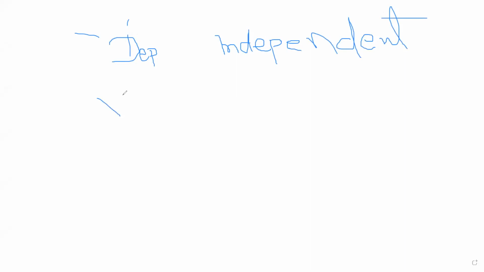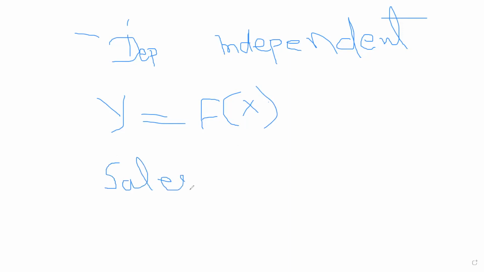Y is, let's say, the dependent variable, which is a function of X, the independent variable. For example, sales of any business is a function of advertising or marketing or promotion. So marketing is independent, sales is dependent.